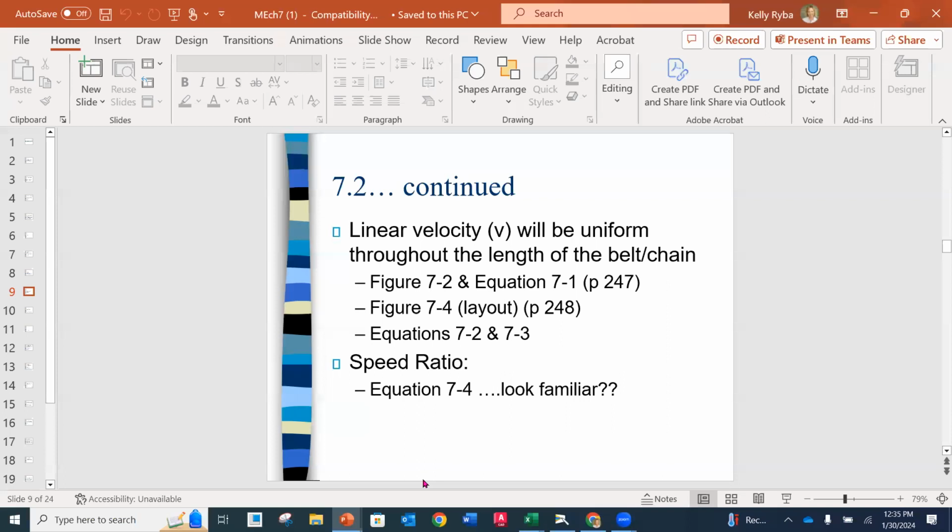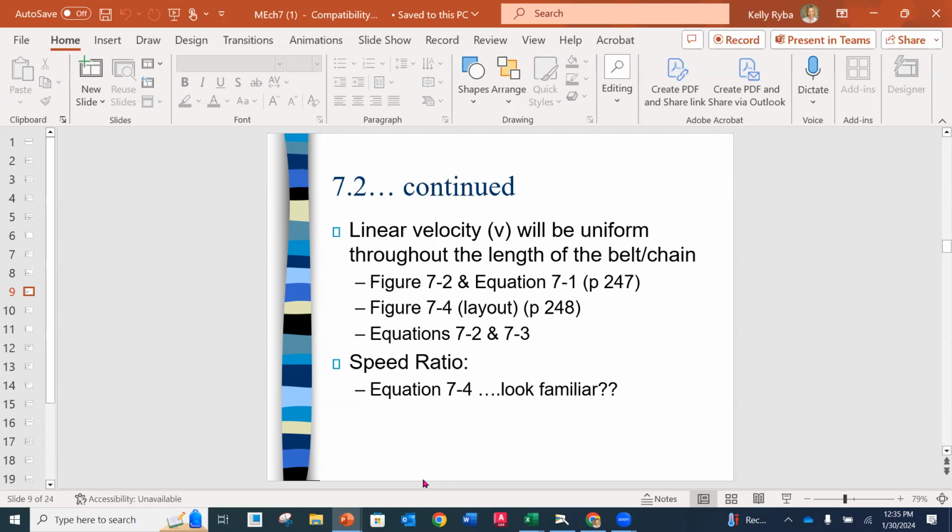Speed ratio. Now, when we looked at gears, speed ratios were pretty easy to get. And actually for sprockets, they're pretty easy to get. We count teeth. We can count the number of teeth on one gear, we can count the number of teeth on the other, we divide them and we get a speed ratio. And all that means is how often is one going around compared to the other?